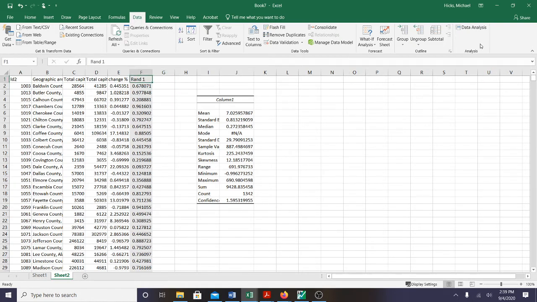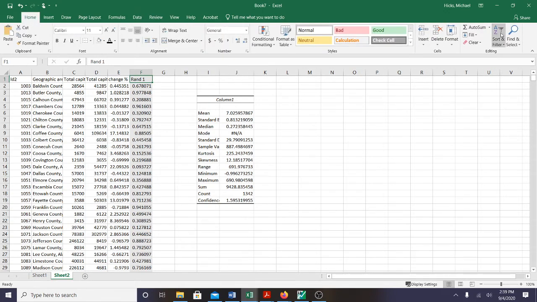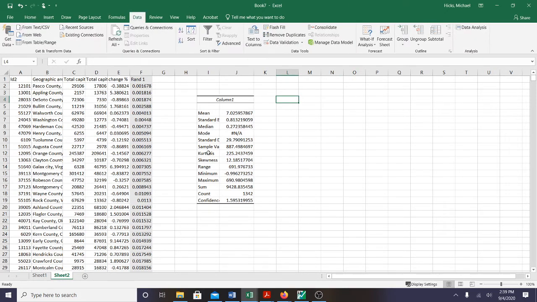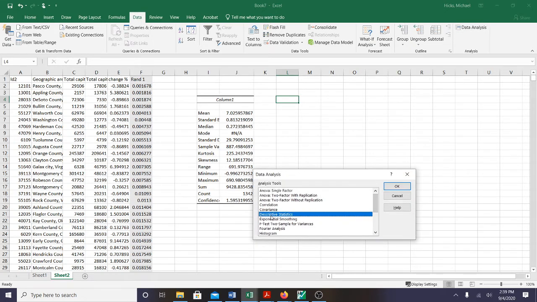And then what I want to do to generate a sample is I'm just going to sort by this random number generator. So I go back to home, I go to sort, and I'm going to pick the smallest 30 different manufacturing counties here to see if I could go and visit them.